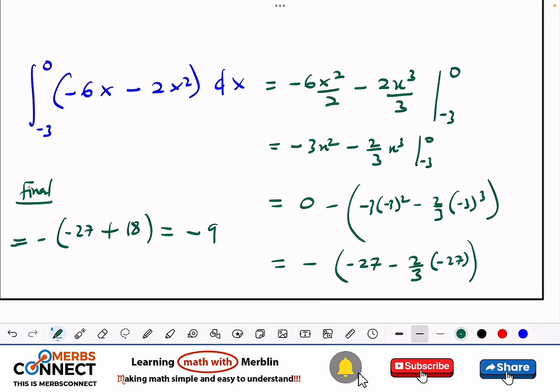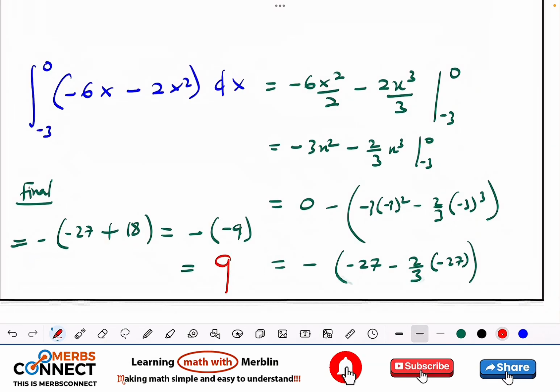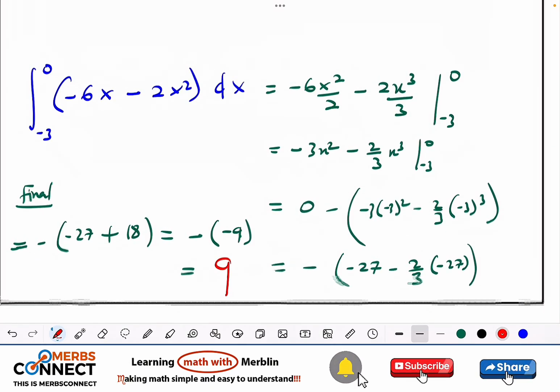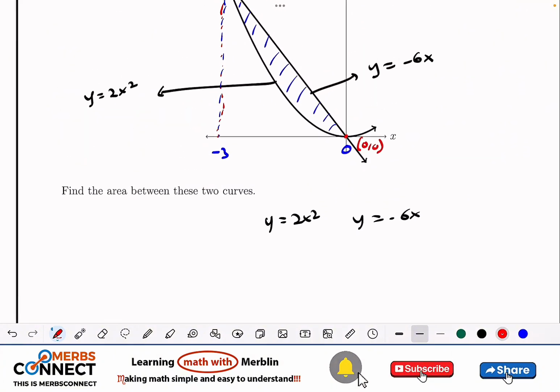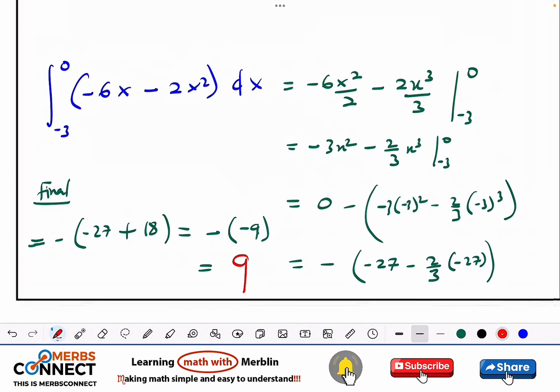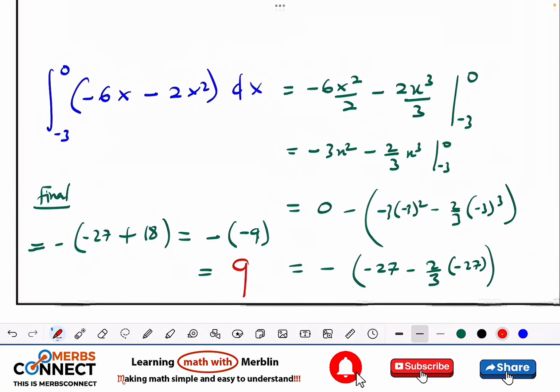Oh no, not minus 9. Yeah, we have minus in front. So minus minus 9, and then our final result should be a big 9. So this is my final answer, right?